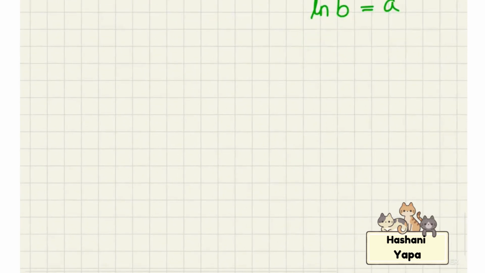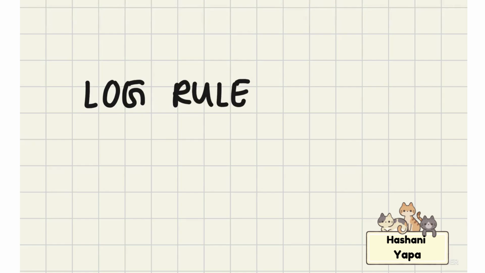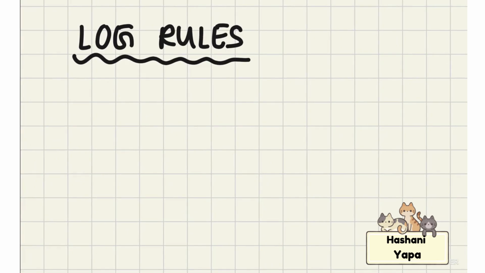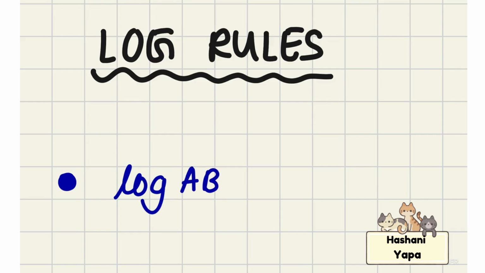Let's look at the log rules now. First one is log AB. I'm not going to write the base here, because the base can be anything.